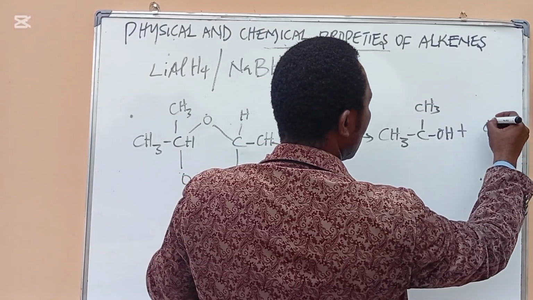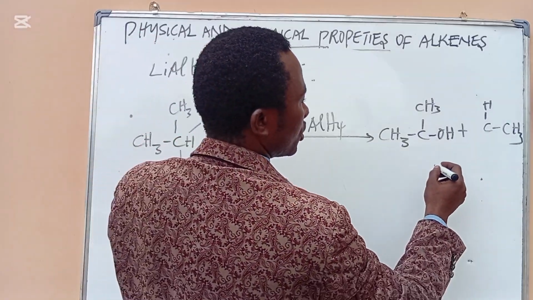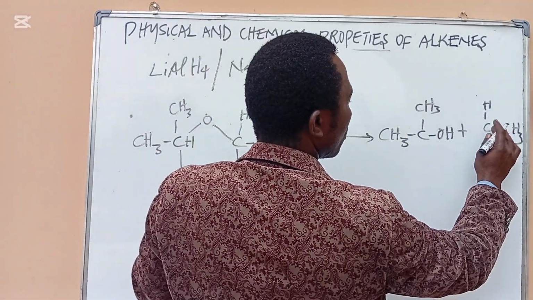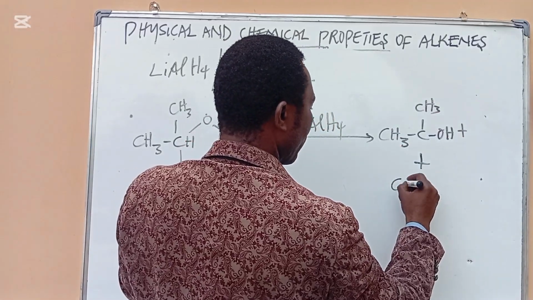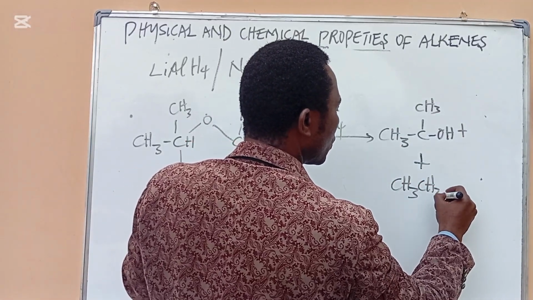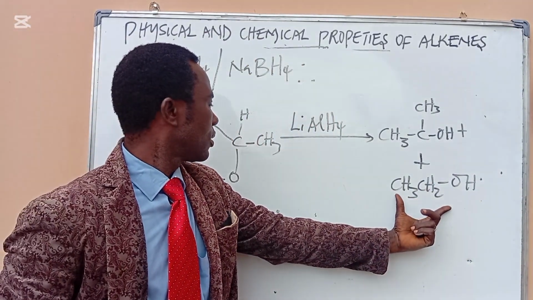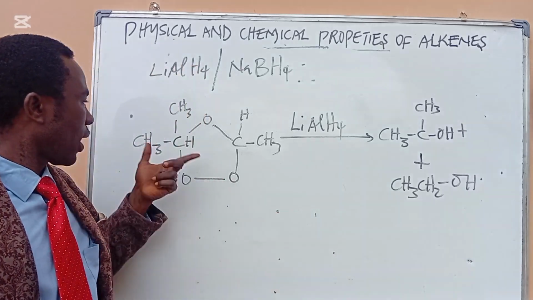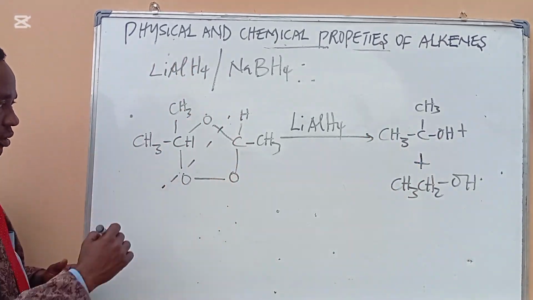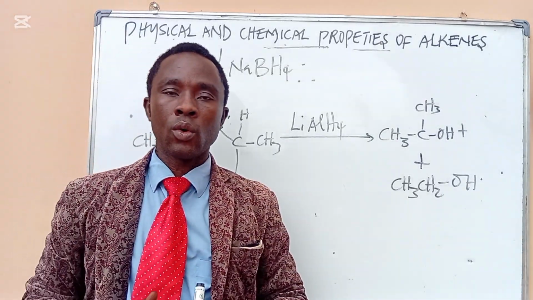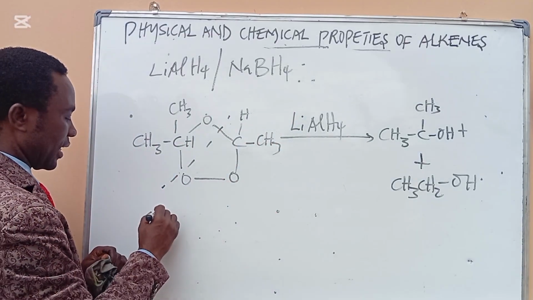We have H, and the hydrogen here is CH2. Let me write it this way, plus CH3CH2OH. So this one will give us primary alkanol, while this side will give us secondary alkanol when the ozonide breaks. So that is the ozonolysis of alkenes.